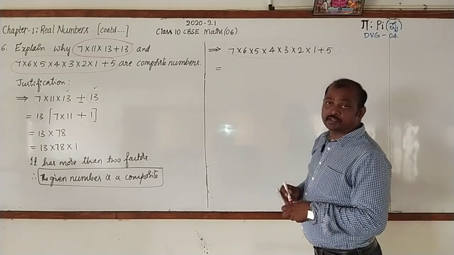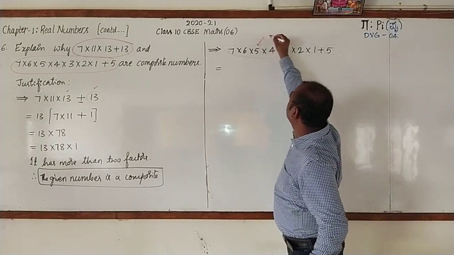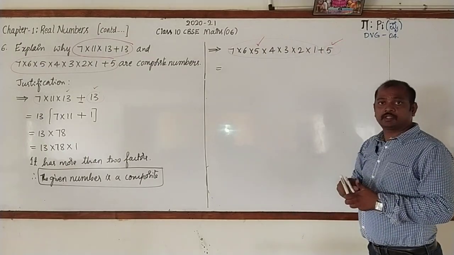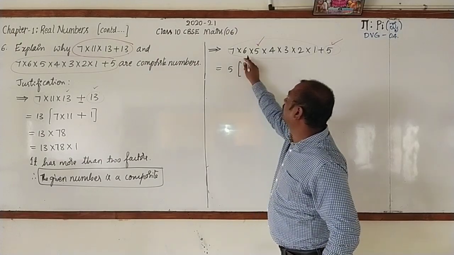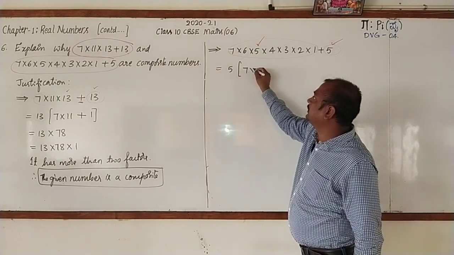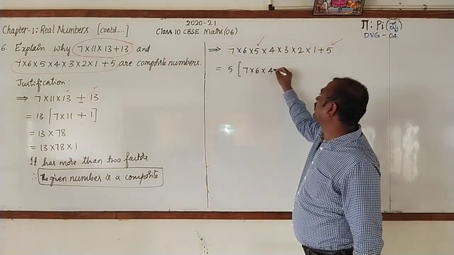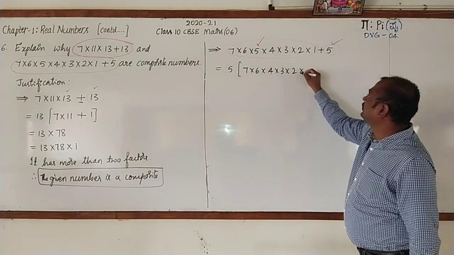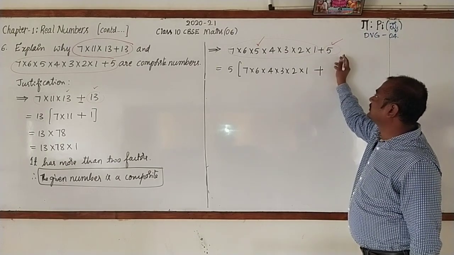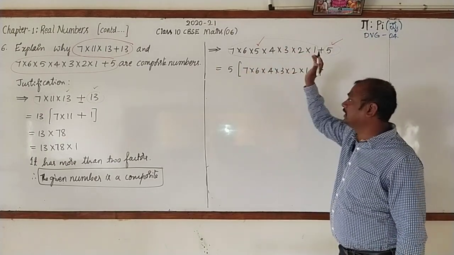Then what is the common factor here? Yes, you are right, 5. Then can we take 5 as common factor? Yes, 5 into what will remain? 7 into 6 into 4 into 3 into 2 into 1 plus, 5 has been taken as common factor, it is 1.